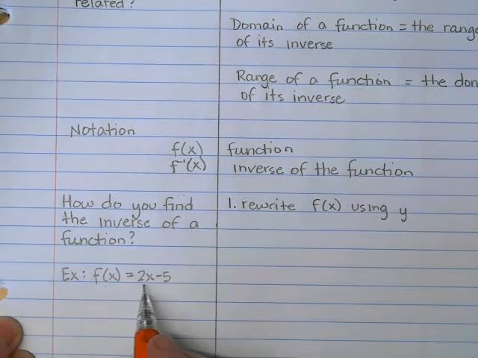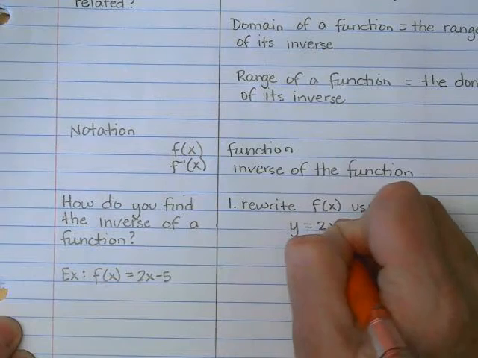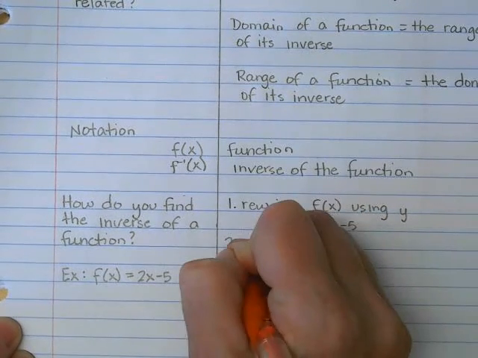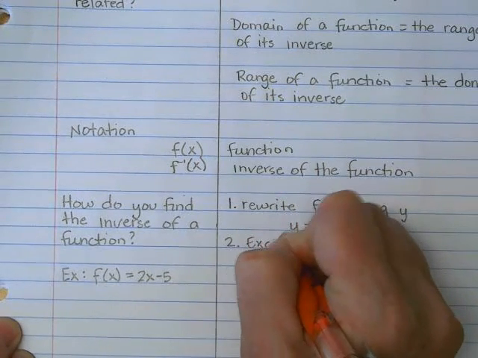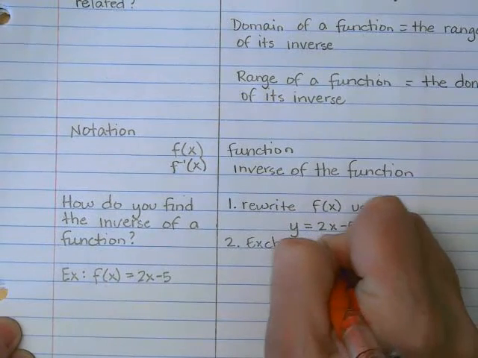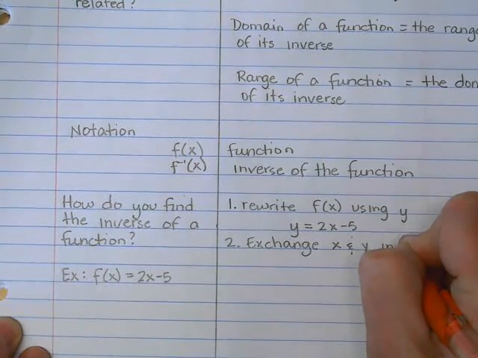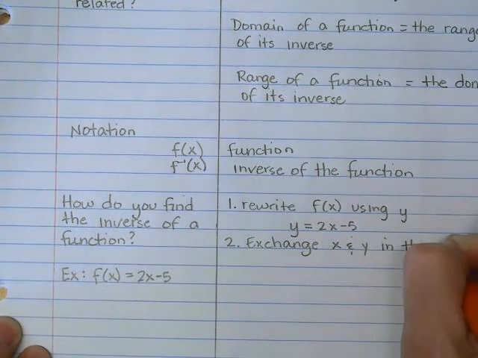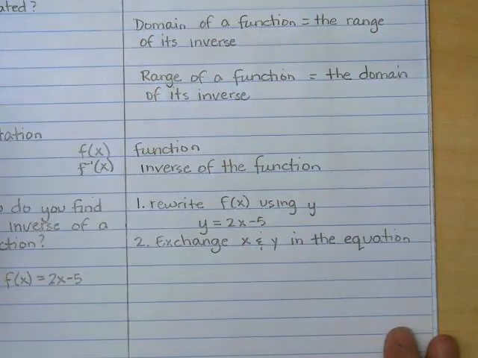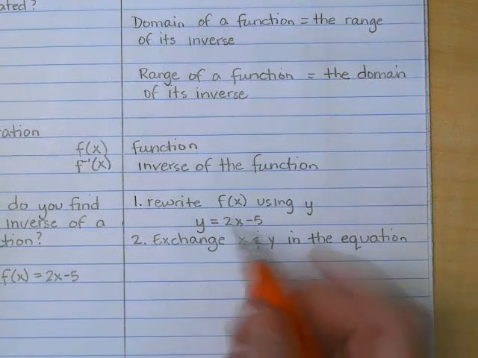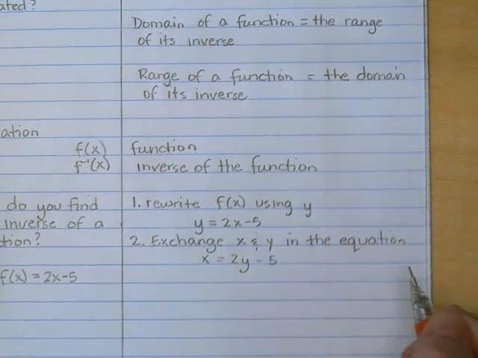So instead of f of x is 2x minus 5, I'm going to say y equals 2x minus 5. Okay, the second thing you do is you exchange x and y in the equation. Okay, so I'm just going to switch those. So I'm going to write x equals 2y minus 5.